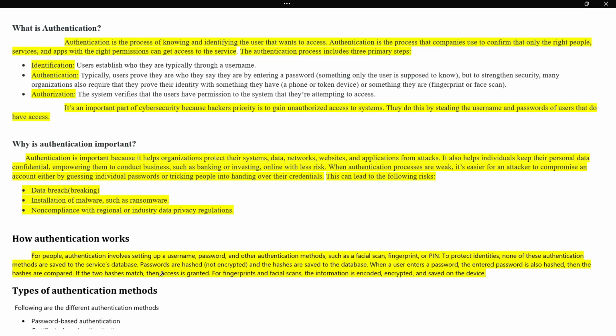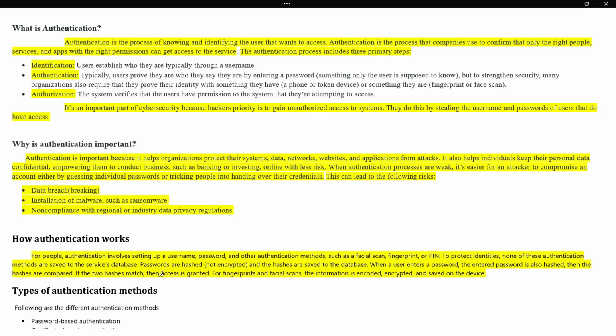Then we compare the hashed password with whatever we have saved into our database. If they are both equal, then we will grant access to that user. If not, we will show a credential mismatch error to the user. So this is how we will protect our passwords.